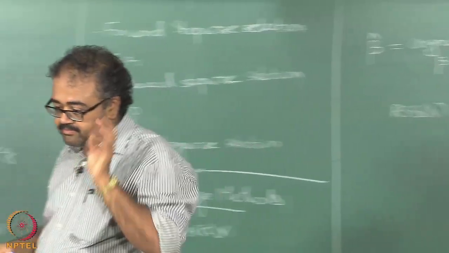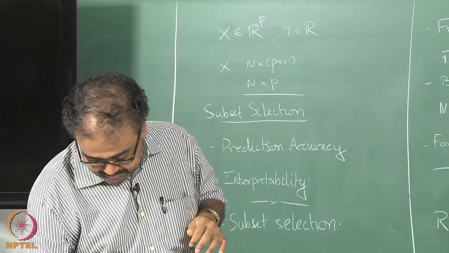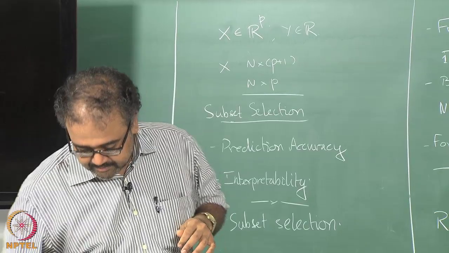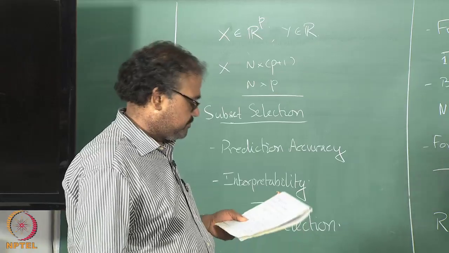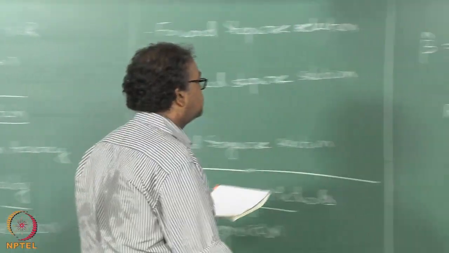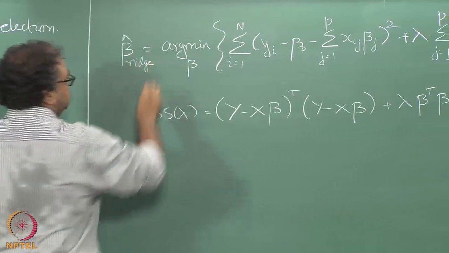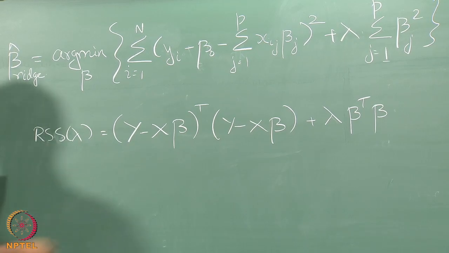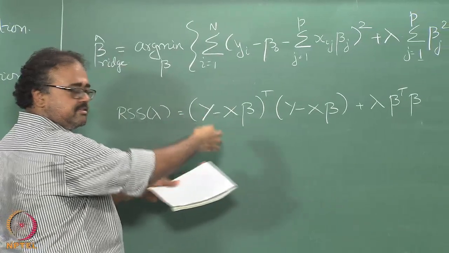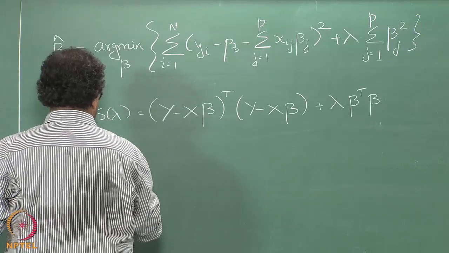So in matrix form, I write it like this. So you can minimize this, take the derivative, set it to 0, solve for it, you will get this.